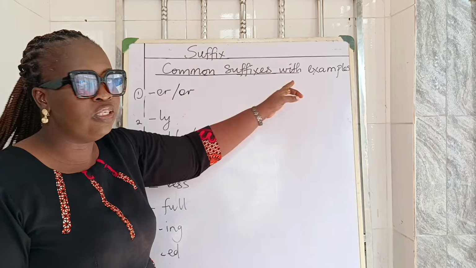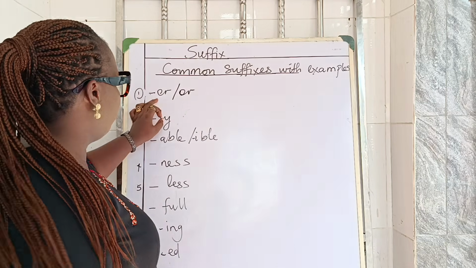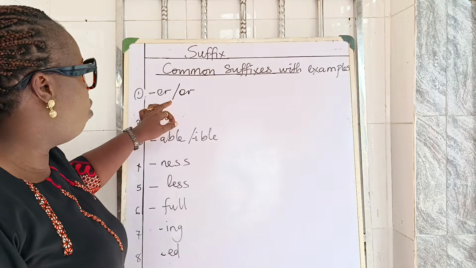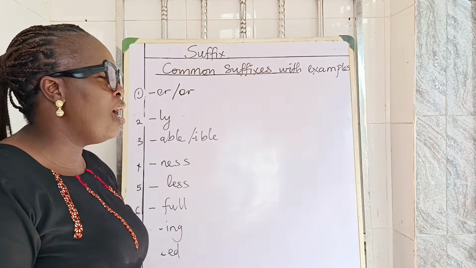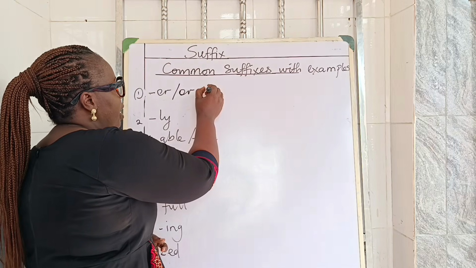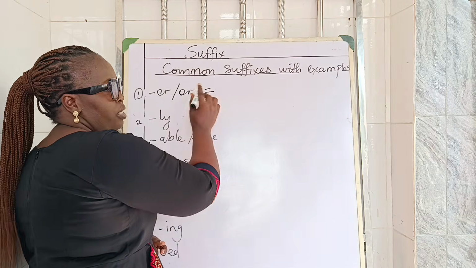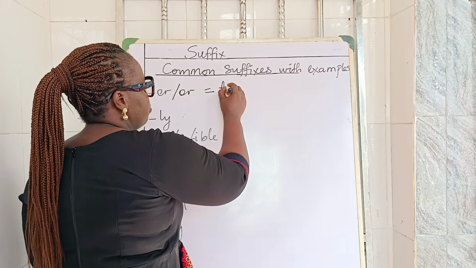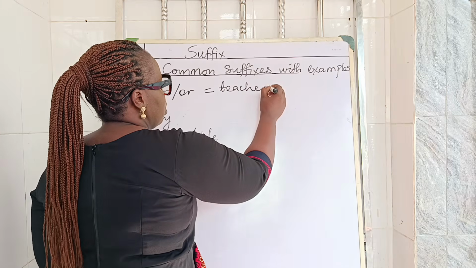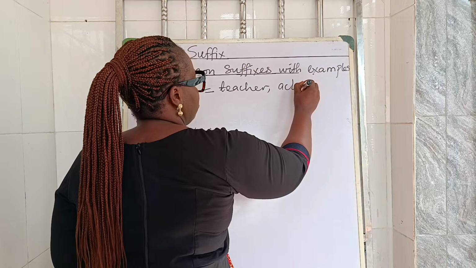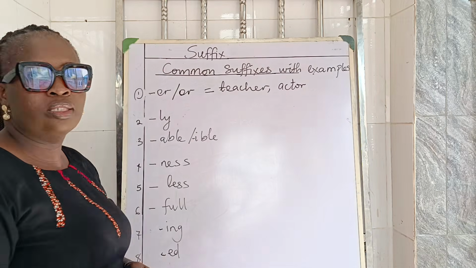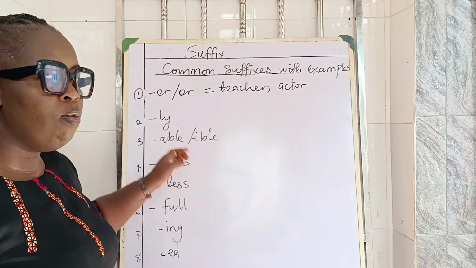Now let's look at common suffixes with examples. Number 1, we have er or or, which means one who. We can see it in examples like teach, teacher, or act, actor. Right? And so on.